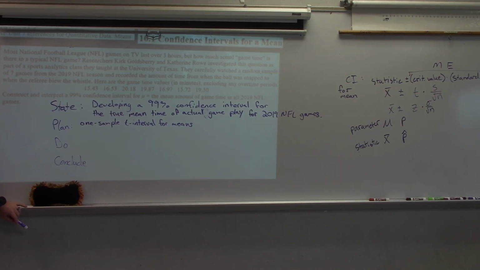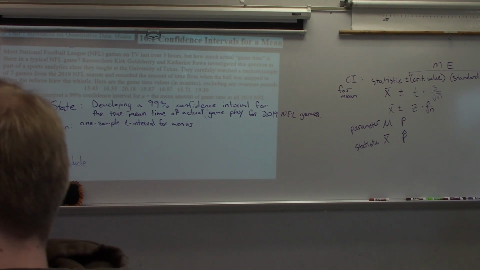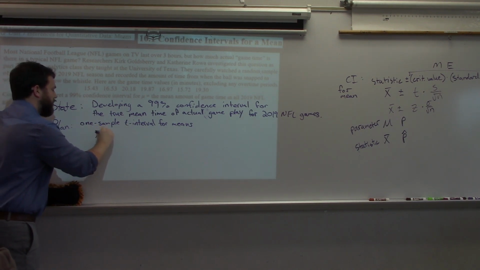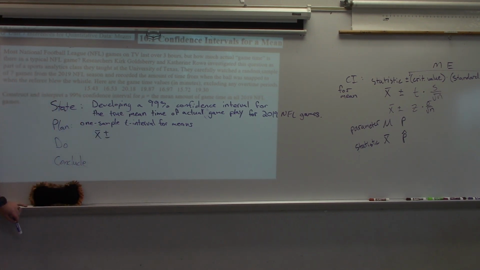Now let's think about our interval. Go to that formula sheet if you don't remember the interval. What's the first part of a confidence interval? Statistic, right? So, Peyton, what's the statistic for this formula? We're doing this for means. X bar, there we go. Plus or minus. Bryson, what's our critical value?